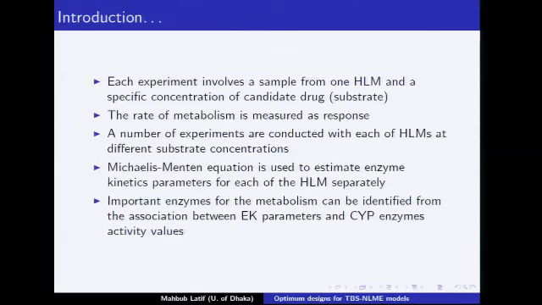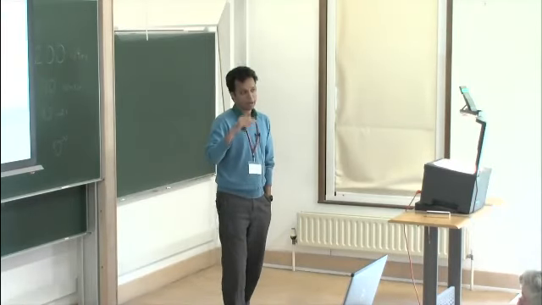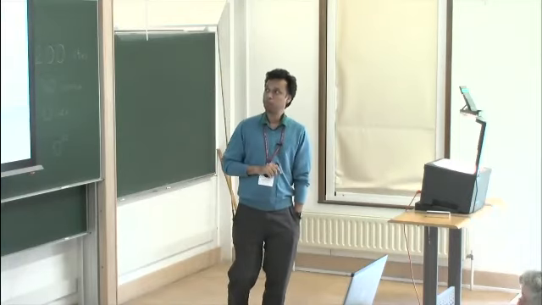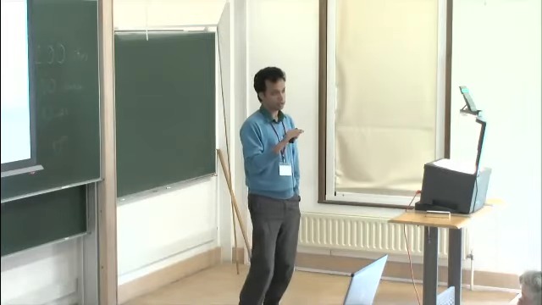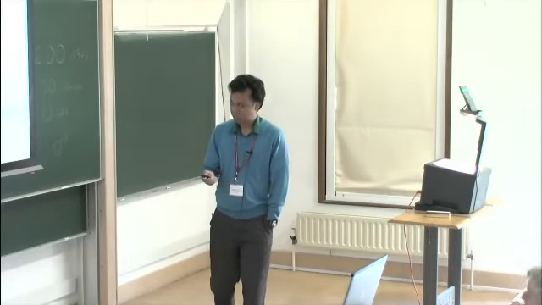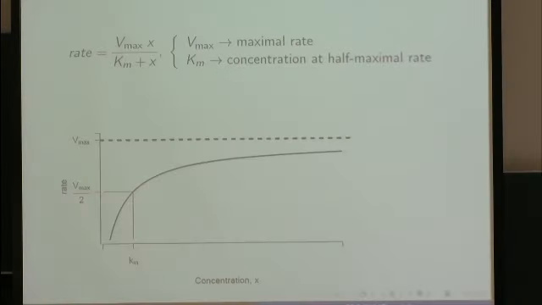For each HLM, we will have several experiments, and from those experiments, we measure the rate of metabolism, and we can easily model the relationship between the rate of metabolism and the concentration for each HLM using the Michaelis-Menten equation, which is shown here. In the x-axis we have the concentration, the y-axis is the rate, and it has two parameters: Vmax, which is the maximal rate, and Km, which is the concentration at half Vmax.